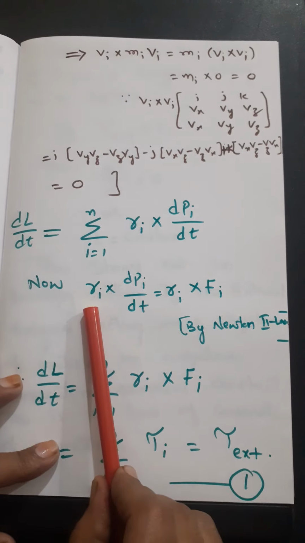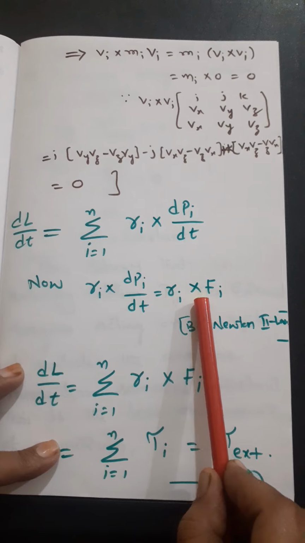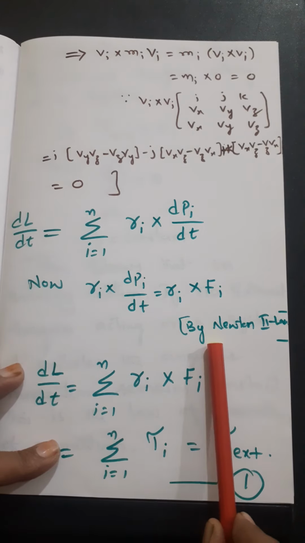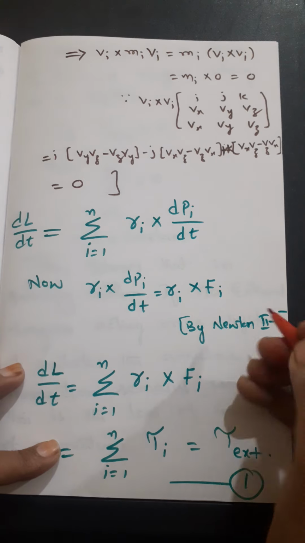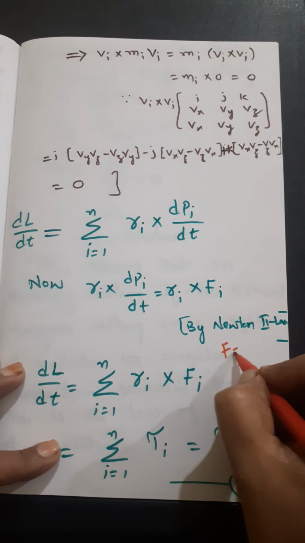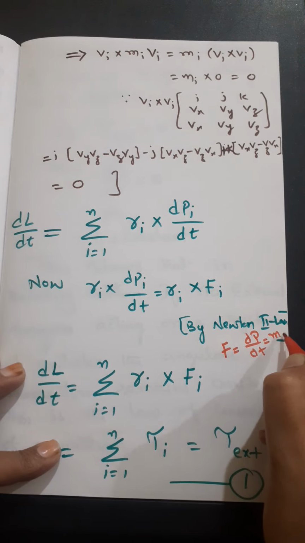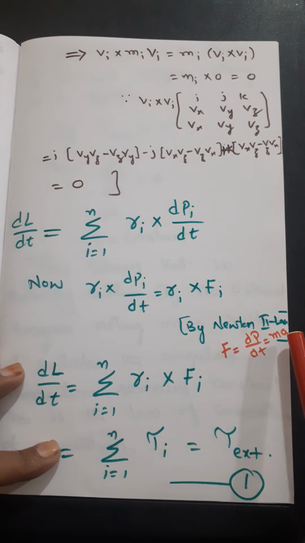Next, we know that dp_i by dt, according to Newton's second law, force is equal to the rate of change of momentum. Here F is equal to dp by dt, or you can write ma also. So the rate of change of momentum, or the product of mass and acceleration.